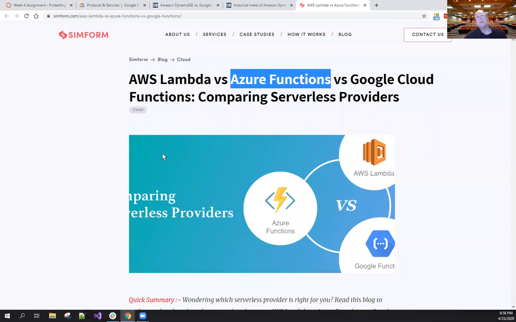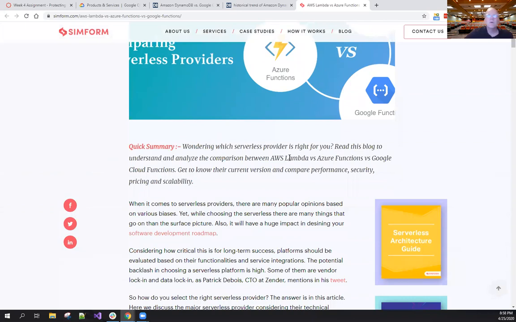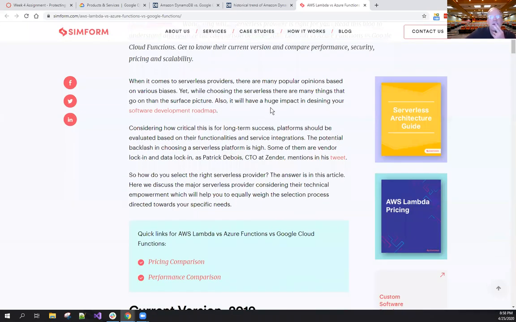Comparing serverless providers. Wondering which serverless provider is right for you? Yes, we are. Read this blog to understand and analyze the comparison between AWS Lambda versus Azure Functions versus Google Cloud Functions. Get to know the current version and compare performance, security, pricing, and scalability. Wow. Man, all we had to do is come to this. It's kind of nice.